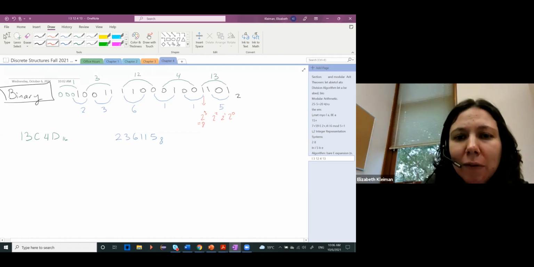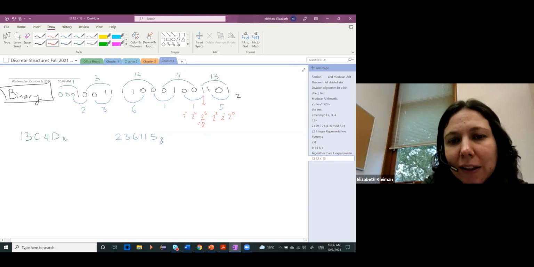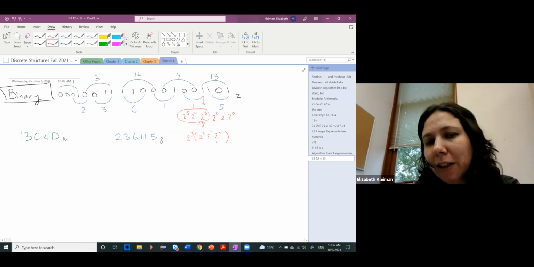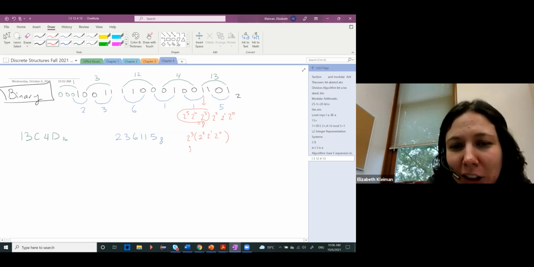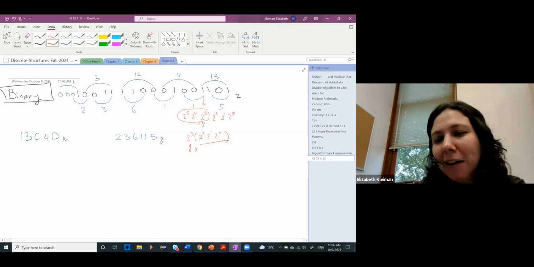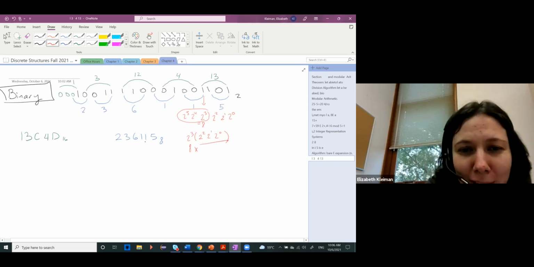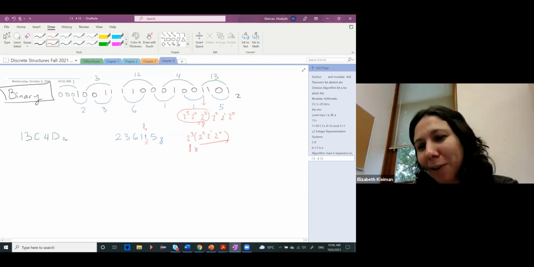So now, those 3 digits I have here are kind of 2 to the power 2, 2 to the power 1, and 2 to the power 0. Do you agree? If I factor it out, this is pretty much 8 multiplied by this number, agreed? But what is this place here? It's 8 multiplied by that number, correct?